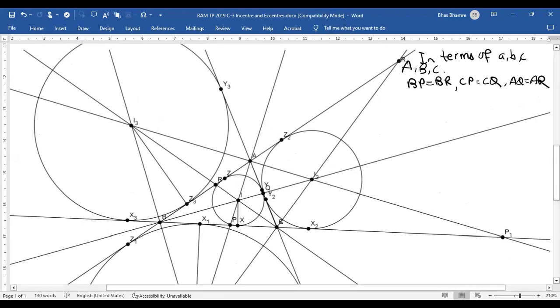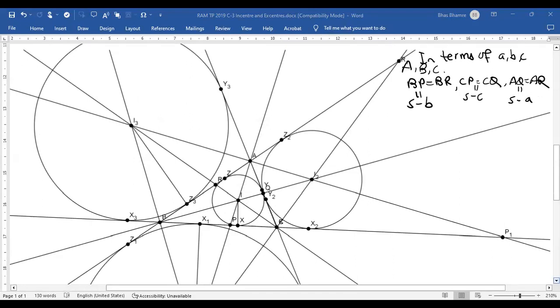Capital A, B, C denote the angles. Like I can say that BP is nothing but S minus B, CP is S minus C, AQ is S minus A, like that. S is the semi-perimeter.